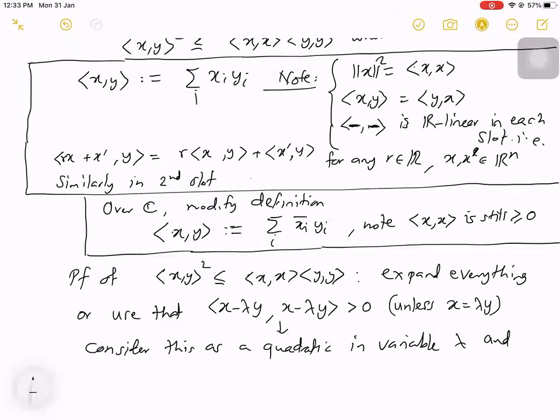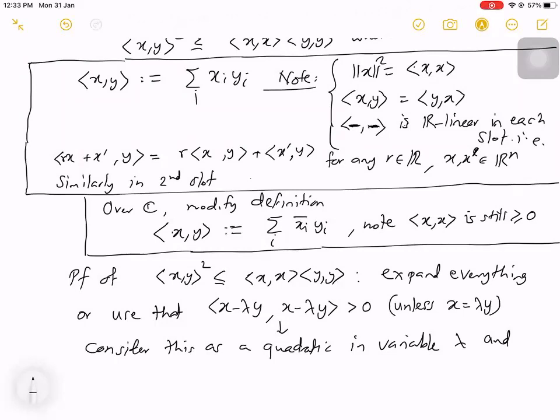So if I regard this as a quadratic in variable lambda, then the number that I have obtained is always greater than 0. That means the resulting quadratic equation, if I set that equal to 0, what can I say? It will not have any solutions. This will never be equal to 0, unless x and y are in the same line.